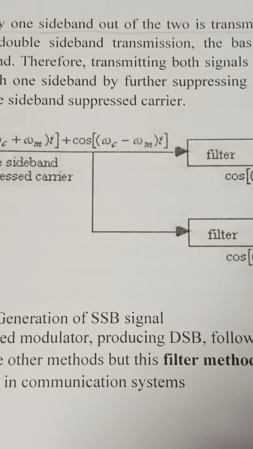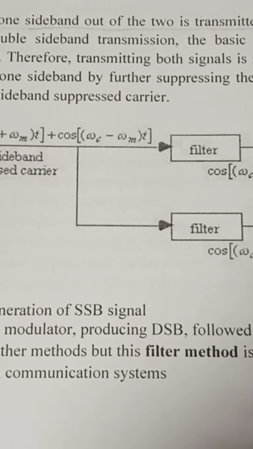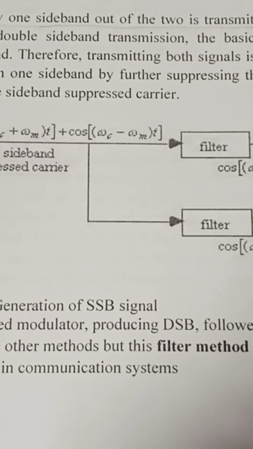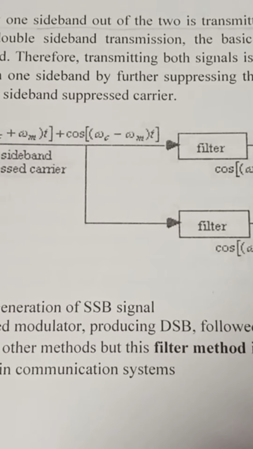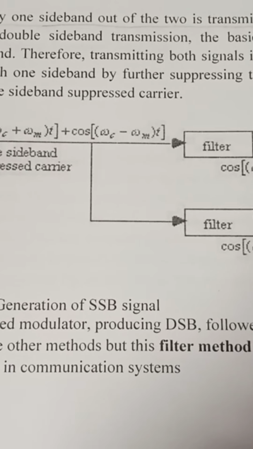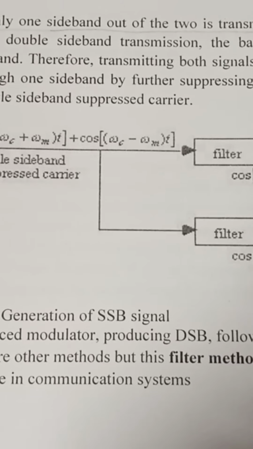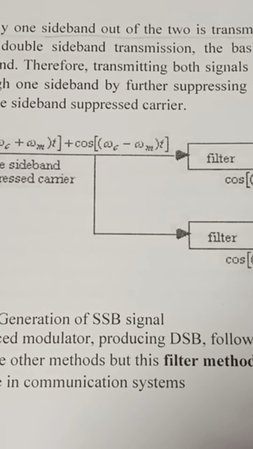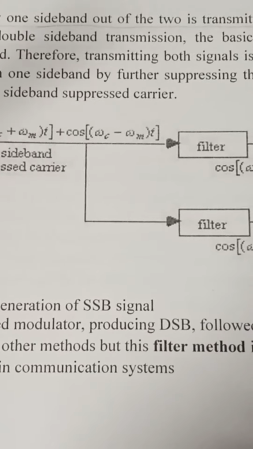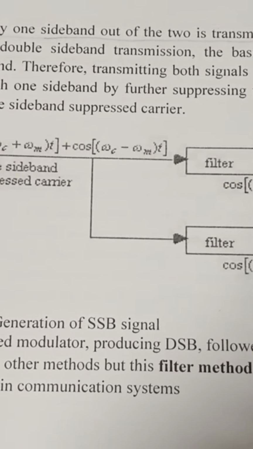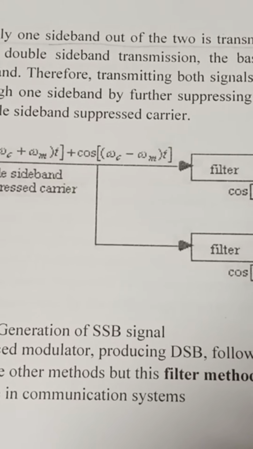If it is a lower sideband, then I will get the low frequency signal, and if it is an upper sideband, then I will get the high frequency signal for the transmission. That means we can send either lower sideband signal or upper sideband signal, depending on us.